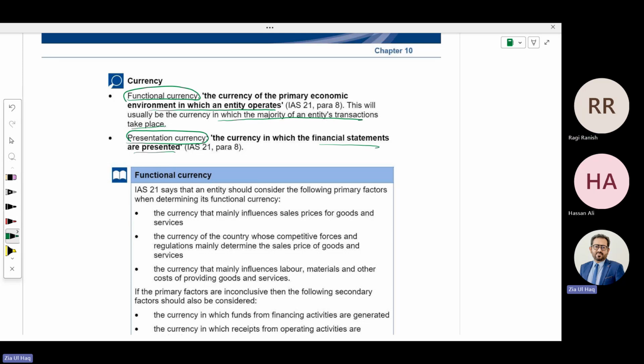We may need to prepare financial statements in dollar, though we perform transactions in dirham. So presentation currency and functional currency could be different, but in most cases they are the same.